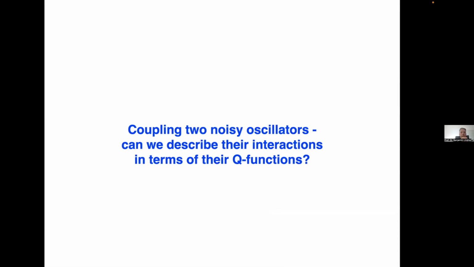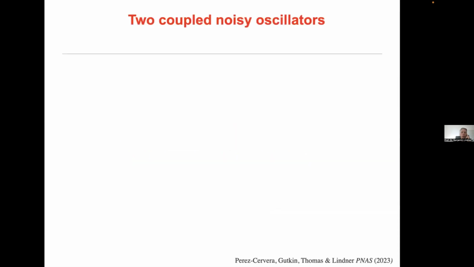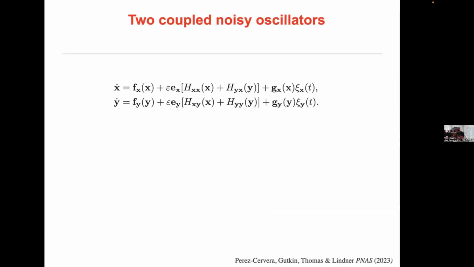Now, let me come to the case of two coupled oscillators. Can we describe the interaction also in terms of the Q functions? And here we need something new as well. So the setup that we consider here are two oscillators that are coupled, that oscillate on their own: X dot is equal to fx.